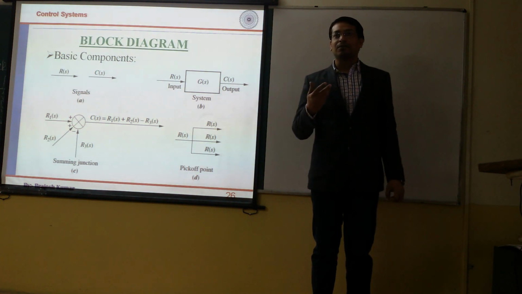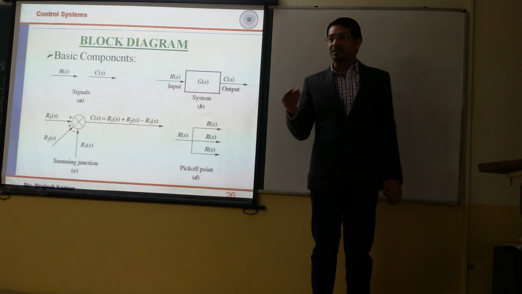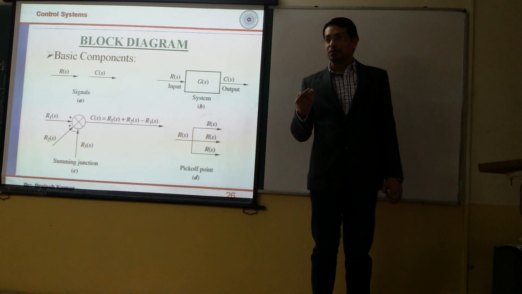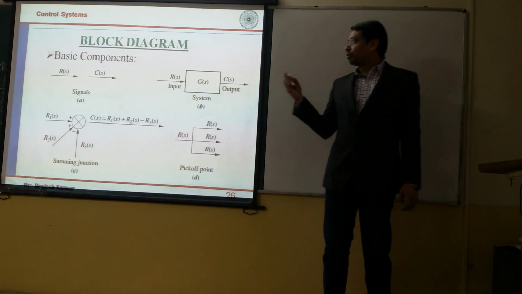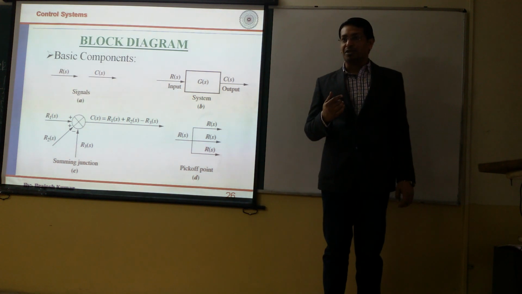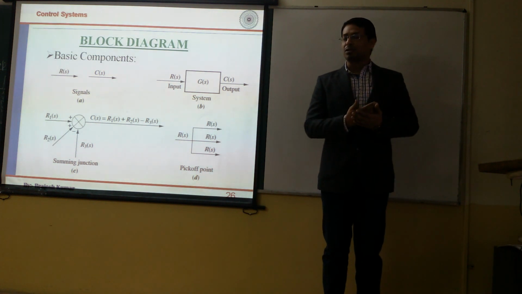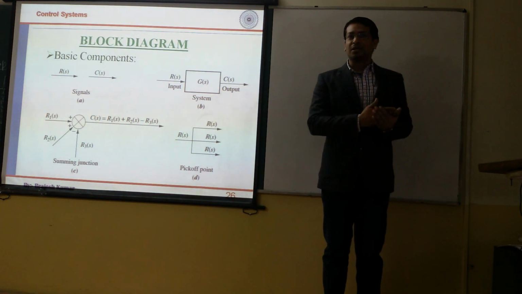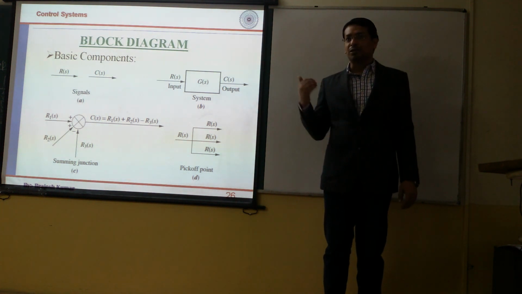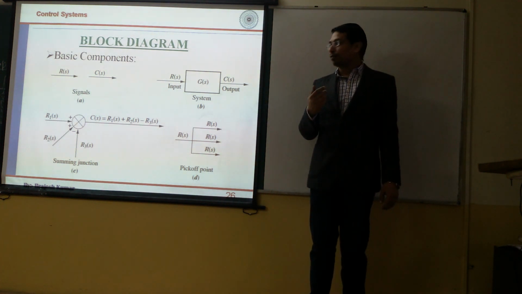Block diagrams are the pictorial representation of the various tasks performed by the components of your system and various signals handled by your system. If you are provided with a block diagram, you will be able to understand your system relatively easily rather than seeing just the differential equations. So this is pictorial representation, and there are four basic components of a block diagram.